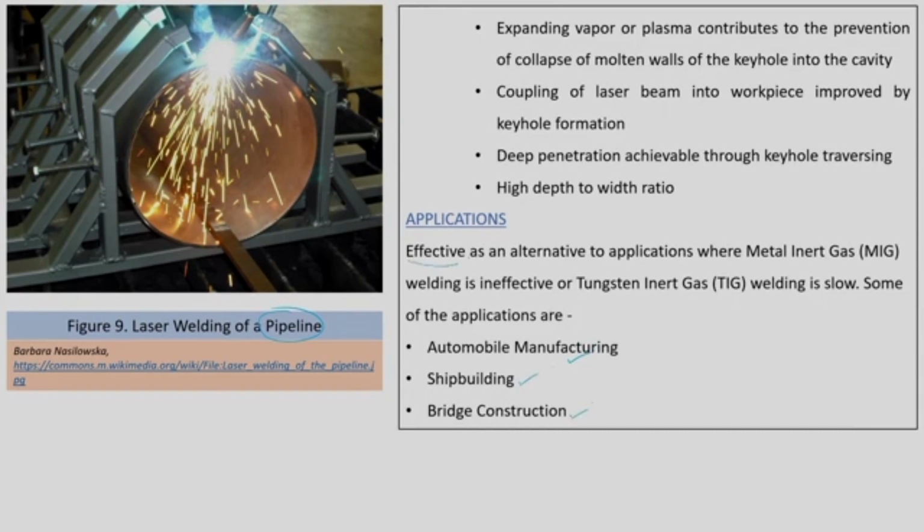The laser welding is very effective in comparison with MIG, that is metal inert gas welding, and it is also very useful in comparison with TIG, that is tungsten inert gas welding, because TIG is found to be very slow in the industry, and in some cases MIG would be ineffective. So, laser welding is solving some of the problems associated with MIG and TIG type of welding.